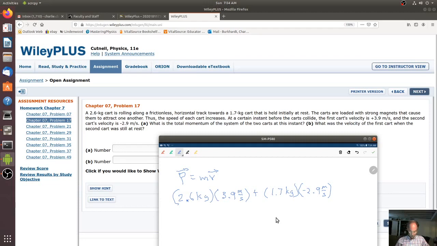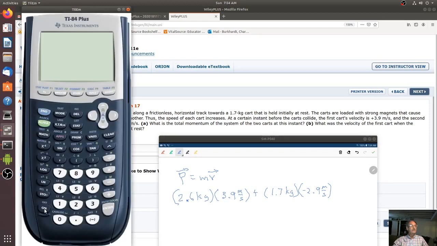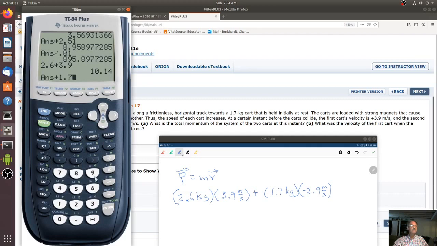So whatever this number is, I guess we need to find it for part B. So let's turn it on. 2.6 times 3.9 equals that, plus 1.7 times negative 2.9, and I get 5.21 kilogram meters per second.